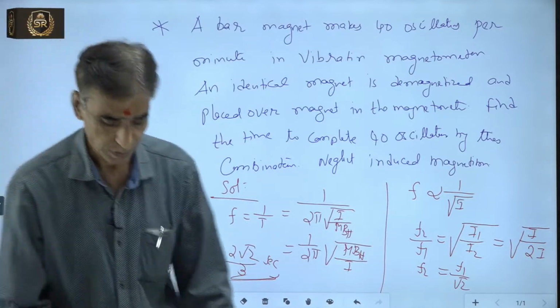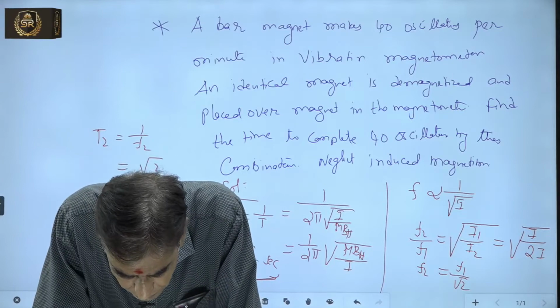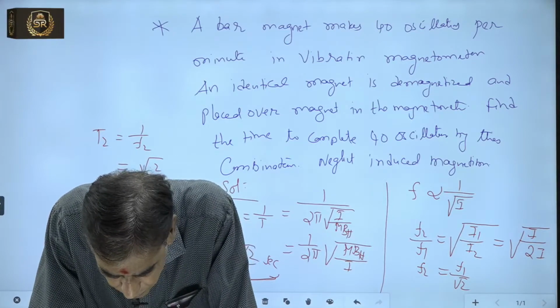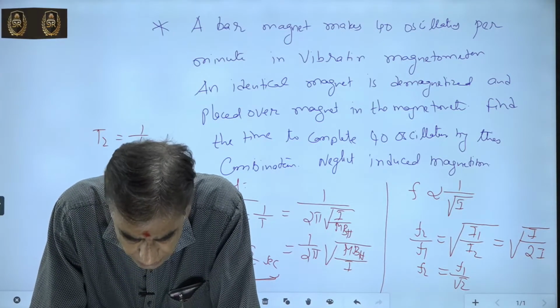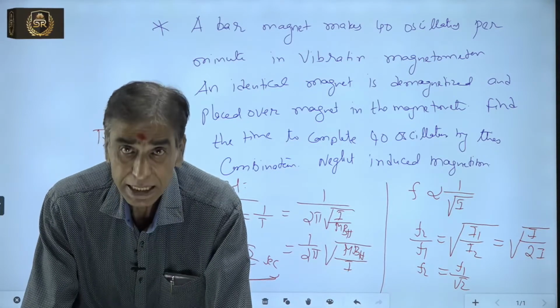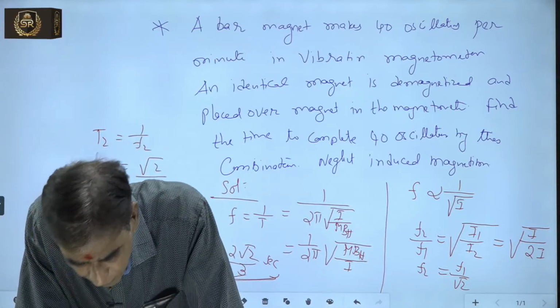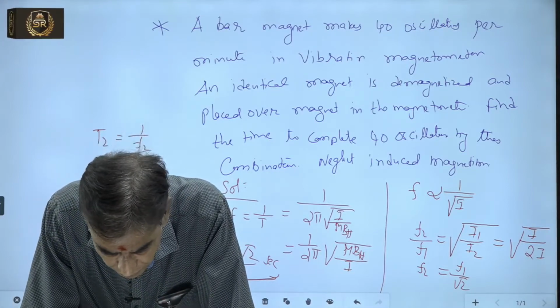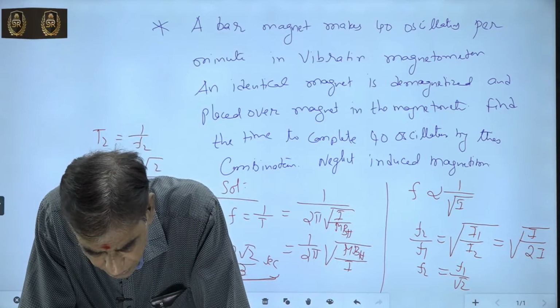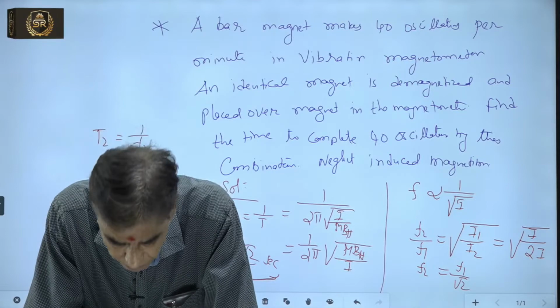Okay, so next one we have a short bar magnet oscillating in a vibration magnetometer with a time period of 0.1 second, where the horizontal component of Earth's magnetic field is 20 microtesla.